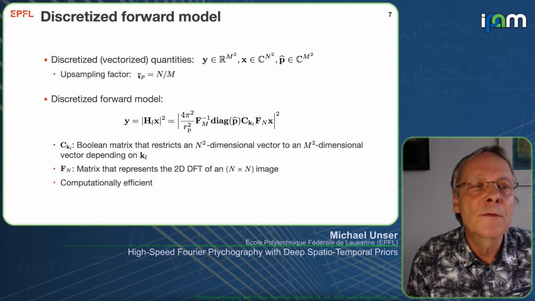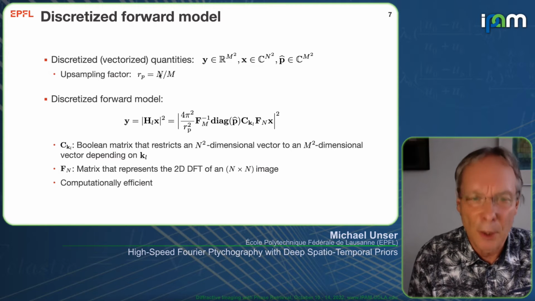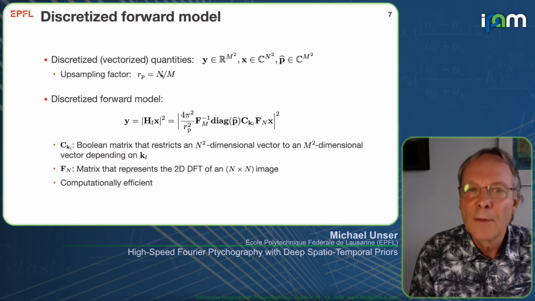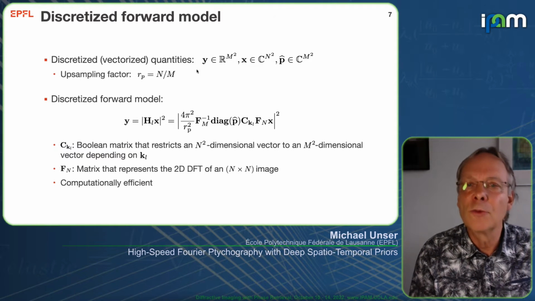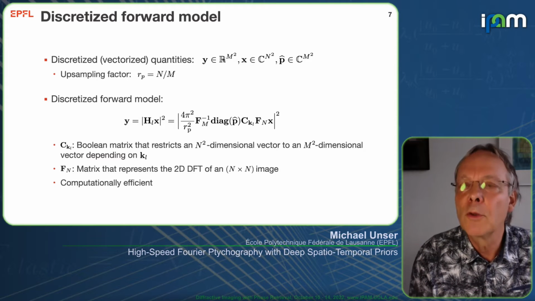And in fact, we have this upsampling factor that we want to do in our reconstruction. And so we want to reconstruct images that are at a higher resolution than those measurements, but the idea being that we're collecting multiple measurements.